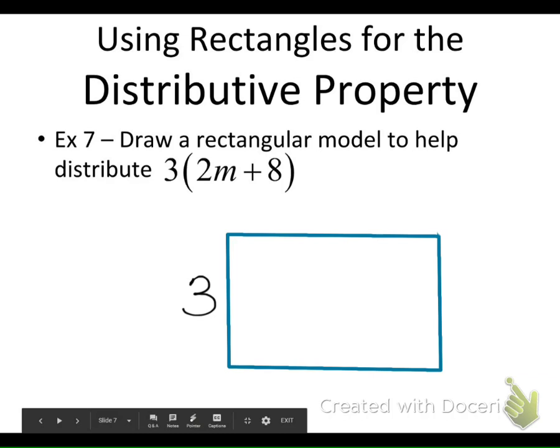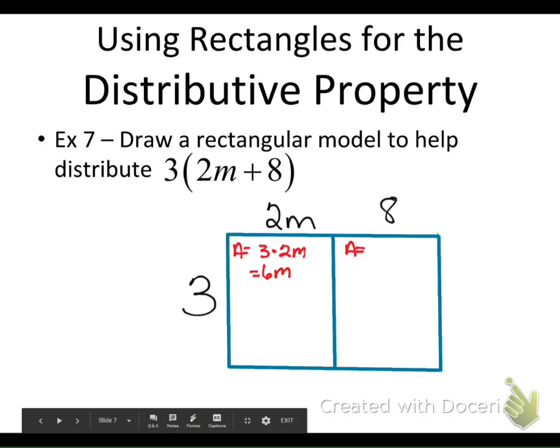For my width, as Alex was saying, I'm going to have to divide my width down the middle because I have two widths here. What's my first width? 2m. And then my second. 8. All right. And then we solve. Cody, you got this? 3 times 2m is 6m.